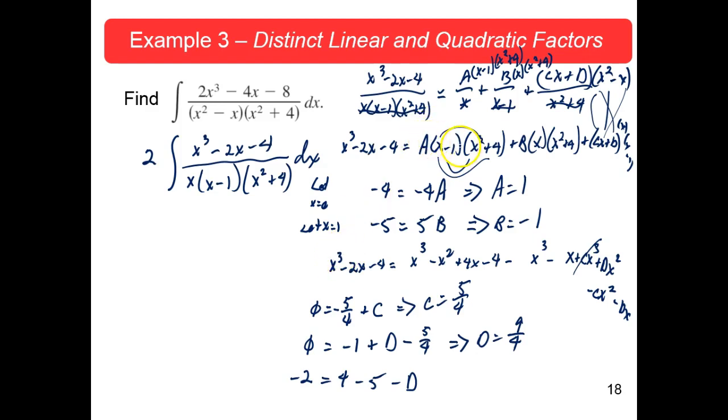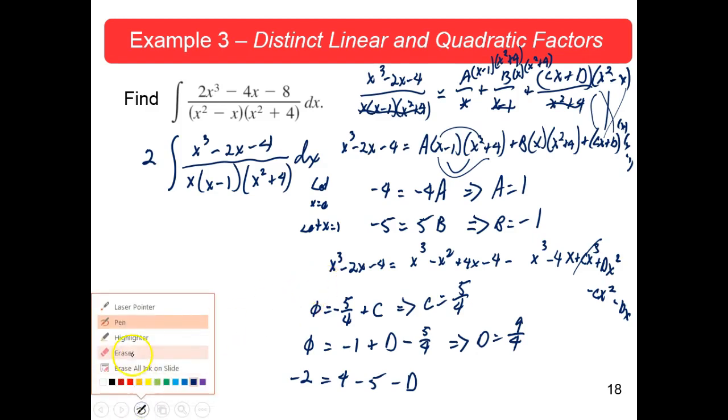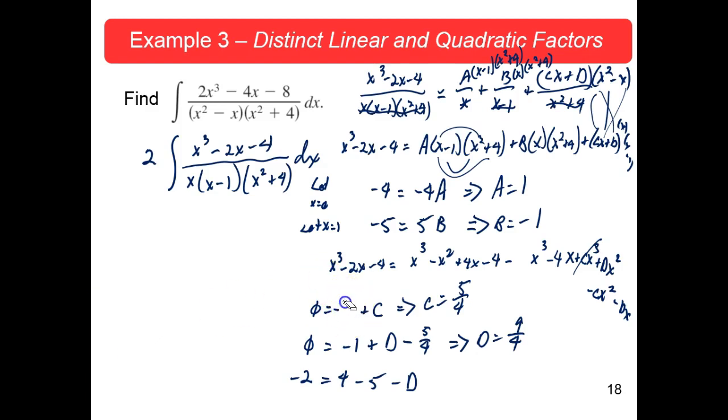We got that one. B is equal to negative 1. So that would be a minus x cubed minus 4x. Is that right? Yeah. And then the rest of those.